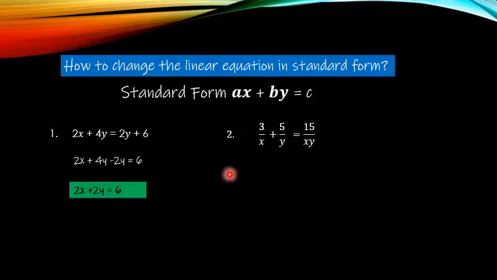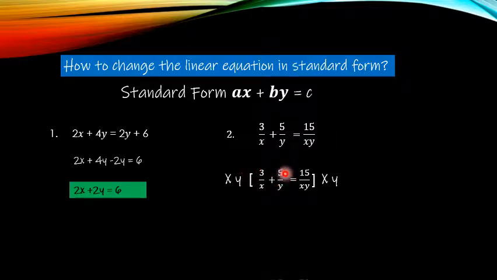Number 2, 3 over x plus 5 over y equals 15 over xy. Our LCD here is xy. Now we multiply xy times each term. Xy divided by x, cancel out the x, then we have y, so 3 times y is 3y.